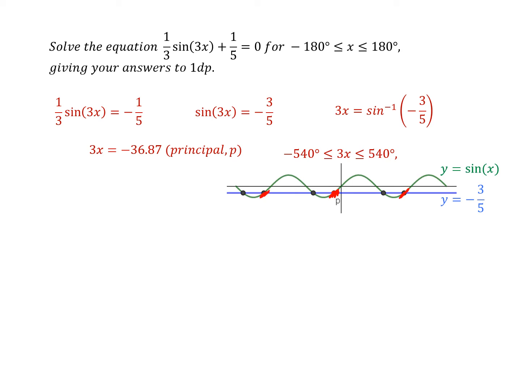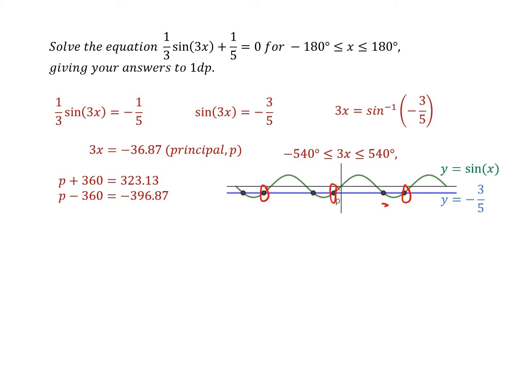And we do that by adding 360 to get to that one and subtracting 360 to get to that one. So that gives us the values for these 2 points here and here. We've already got the principal there.